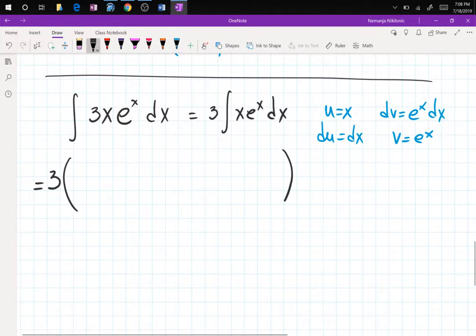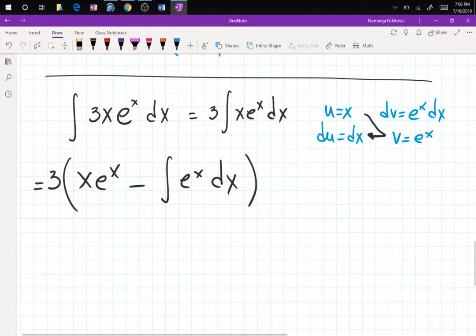Now we put our handy dandy arrow over here that helps us with the formula, and you say, okay, u times v, that's x e to the x, minus the integral of e to the x dx, and we have this parenthesis closed because the 3 in front has to multiply everything.